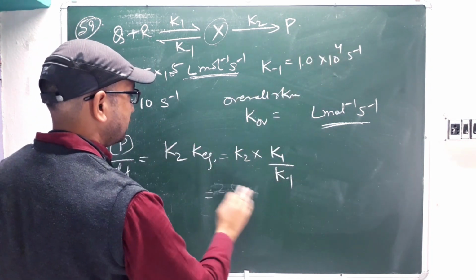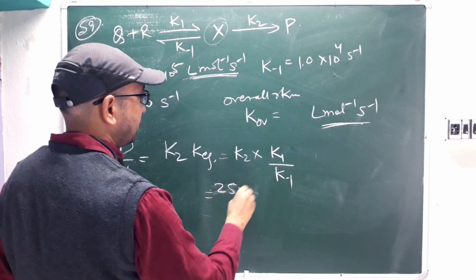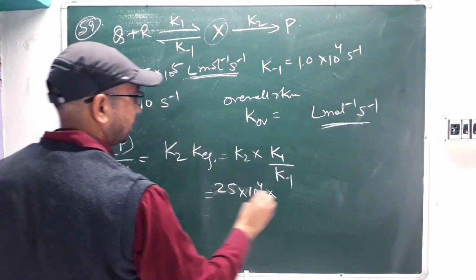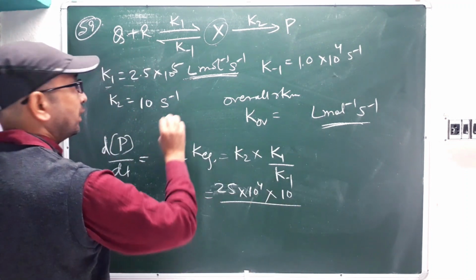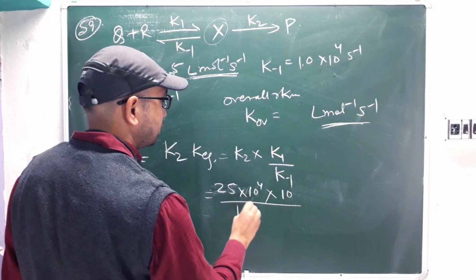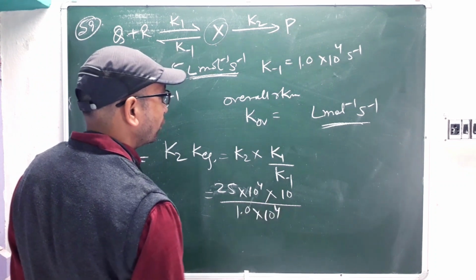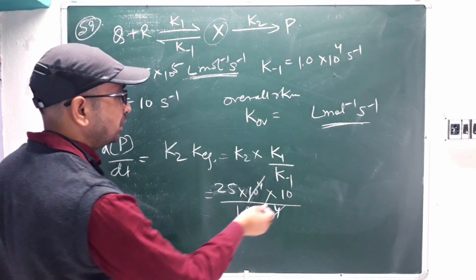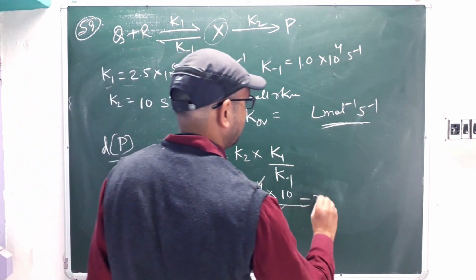So 25 into 10 to the power 4 into K1, which is 10, divided by K inverse, which is 1.0 into 10 to the power 4. So 10 to the power 4 gets cancelled. So 10 into 25, it will be 250.